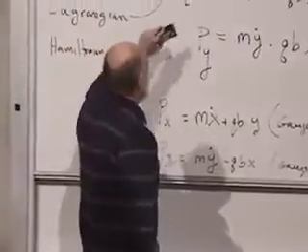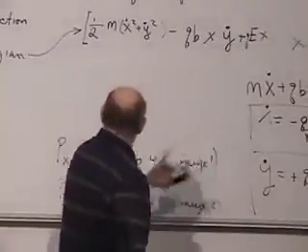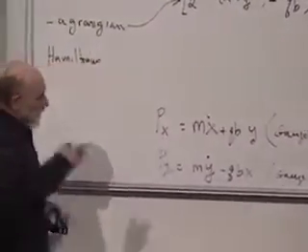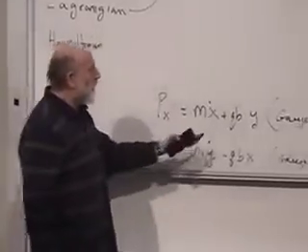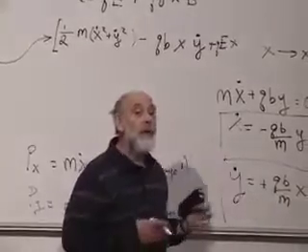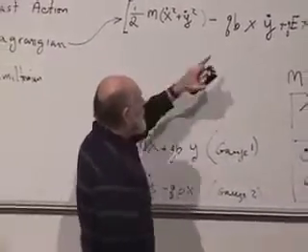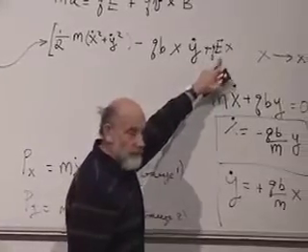Now, the canonical momentum in this gauge is still just p sub x, it's just mx dot plus qby. It hasn't changed because this doesn't depend on the velocity, but it's no longer conserved. Its time derivative is equal to the x derivative of this.